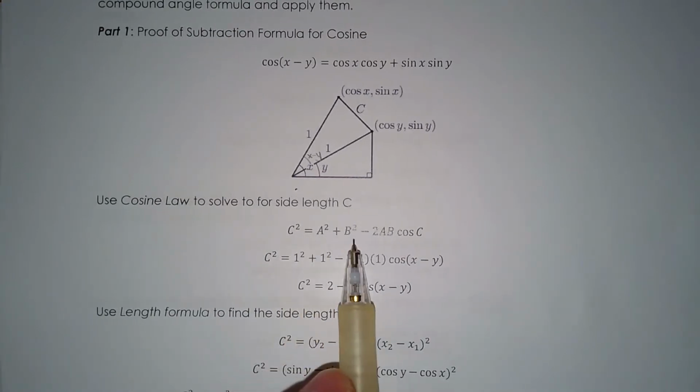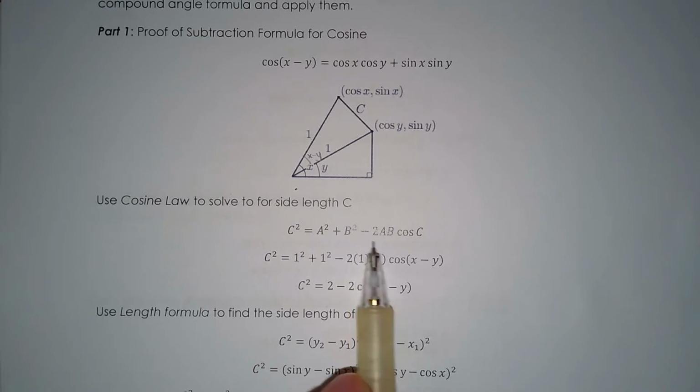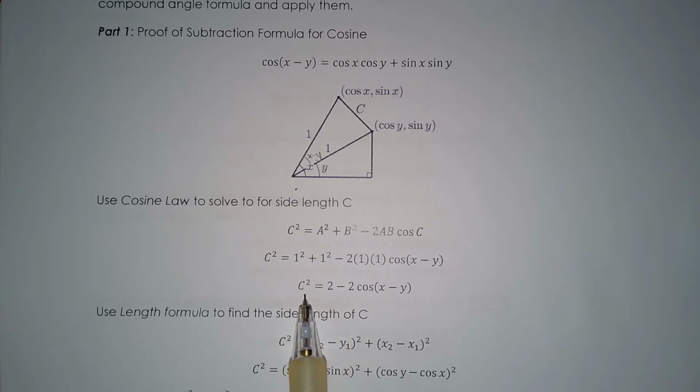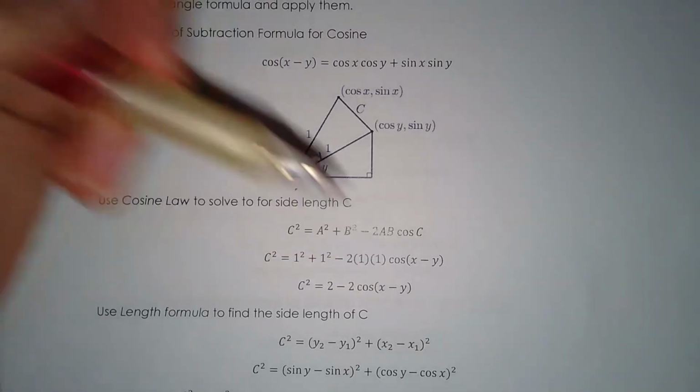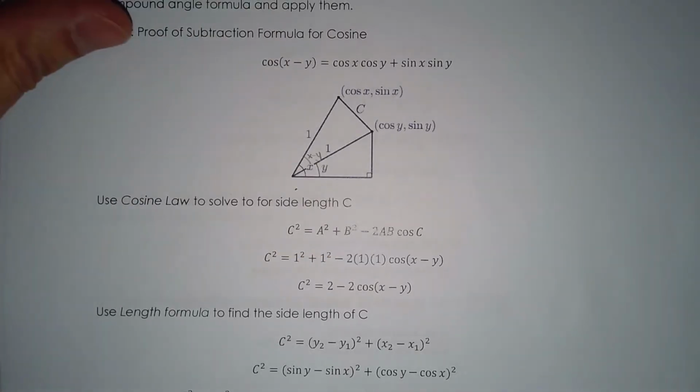C squared equals a squared plus b squared minus 2ab cos c. So we sub in a and b as 1 because that's the radius of the circle. And then c squared, the length of the line segment squared, is equal to 2 minus 2 cos of x minus y. Remember it's x minus y because that's the size of our contained angle.